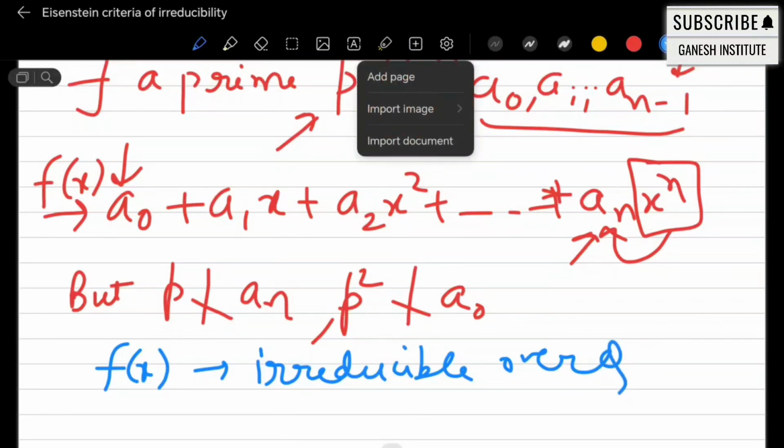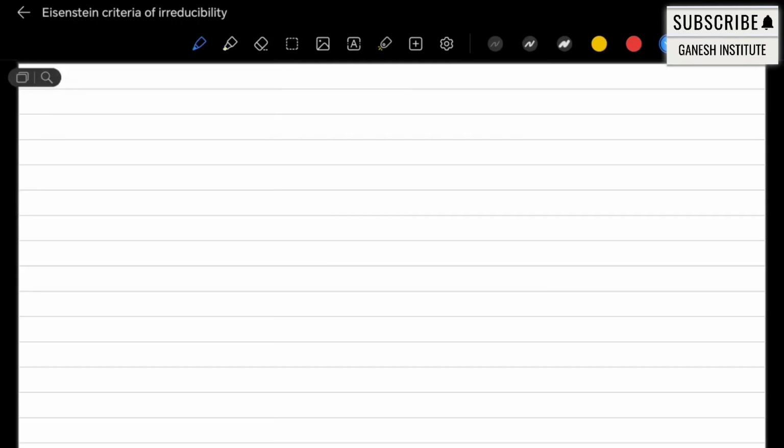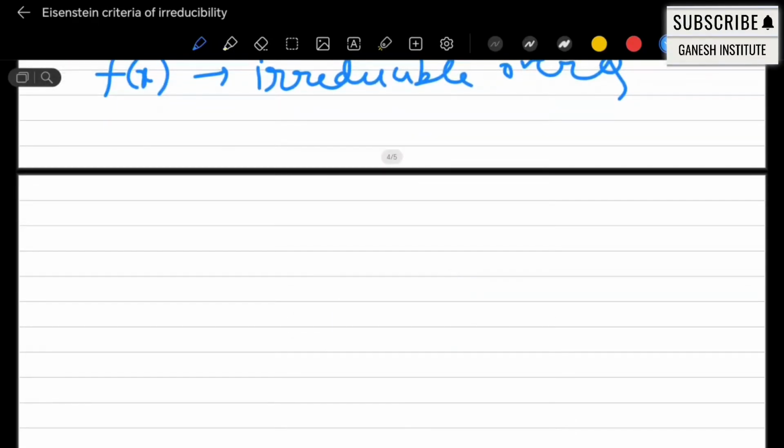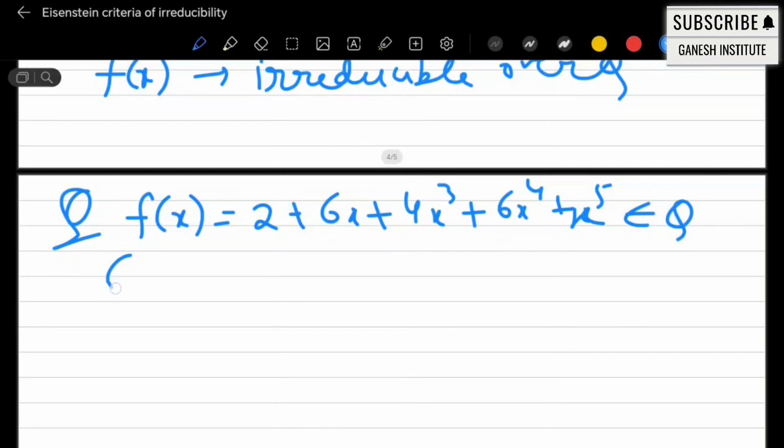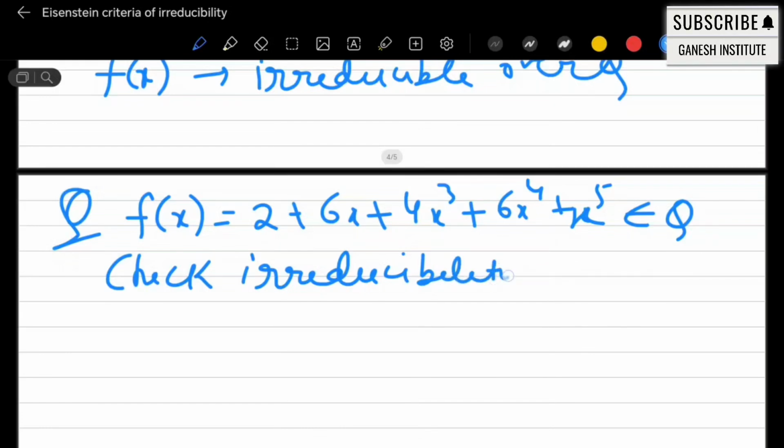now you might be wondering what that means. So let's talk about one example. Let's say we have a polynomial, 2 plus 6x plus 4x cube plus 6x4 plus x5, which belongs to Q. Okay, and you have to check the irreducibility using Eisenstein's criteria in Q. So let's see how it works.